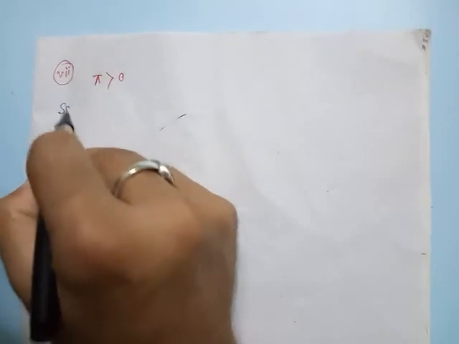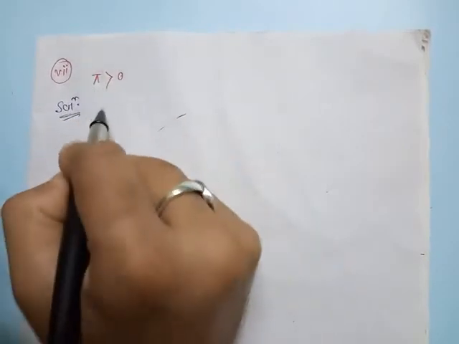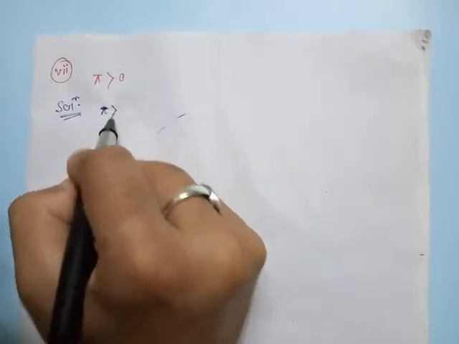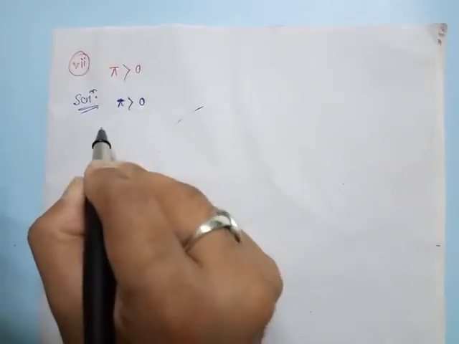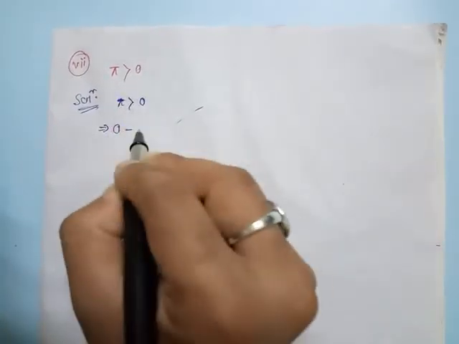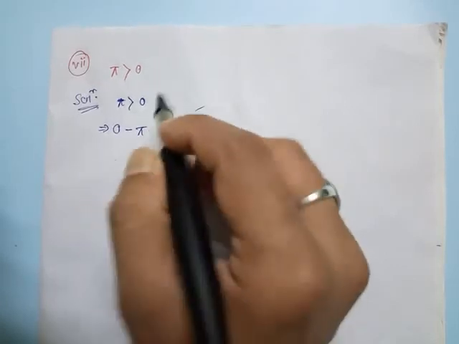Now student, our next question is Roman 7: pi bigger than 0, and I'm going to solve this one now. First of all I will write here solution, then we'll write pi bigger than 0. In the next line we will write 0 minus pi is less than 0.